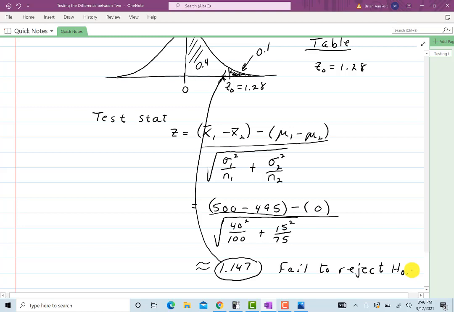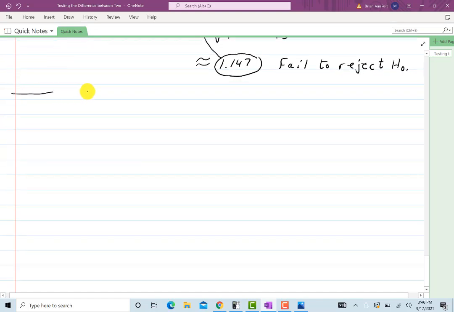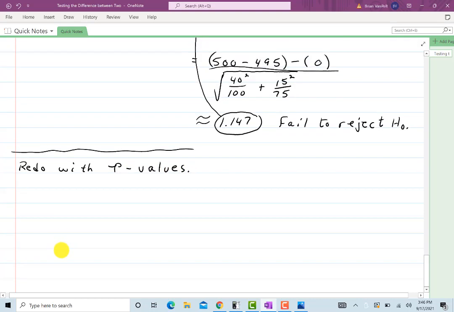Now let me show you how to use the p-value method to do the same type of problem. Let me redo it with p-values. This time you start with the test statistic.